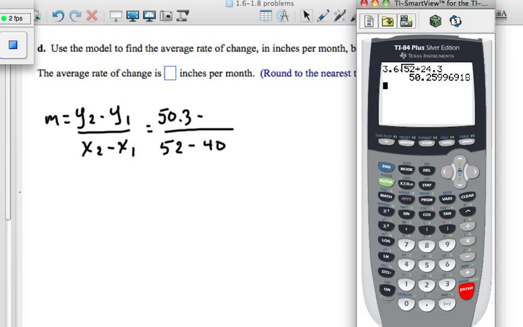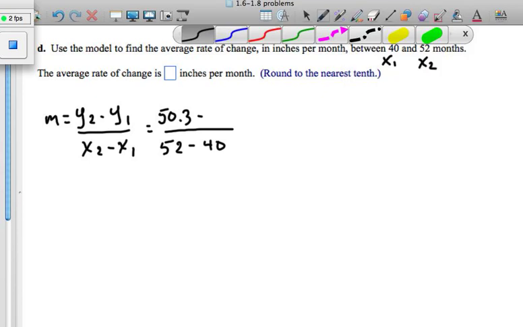And to get y1, we're going to do 3.6 square root 40 plus 24.3. And that gives us 47.068 and change. That rounds to 47.1. All right, let's write that in. 47.1 is our y1.